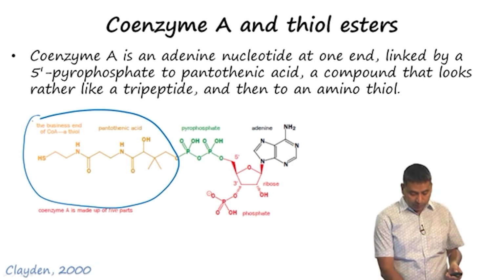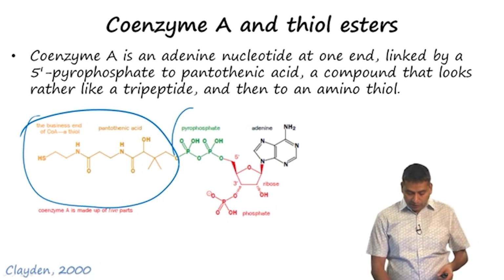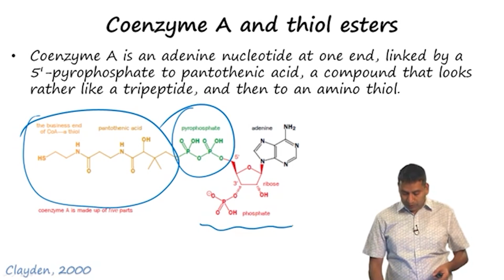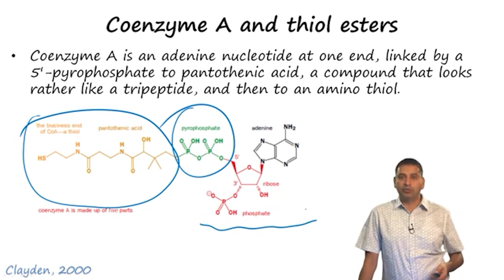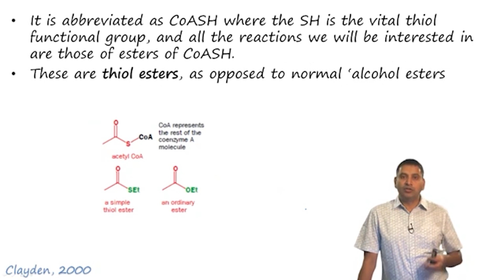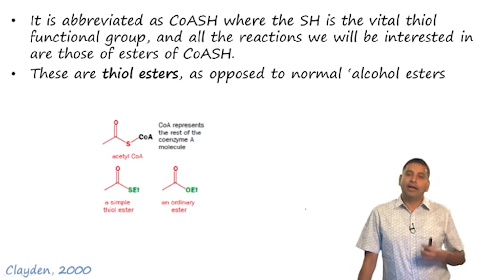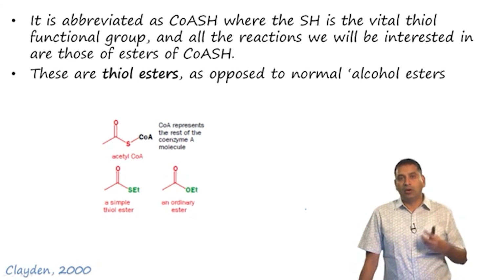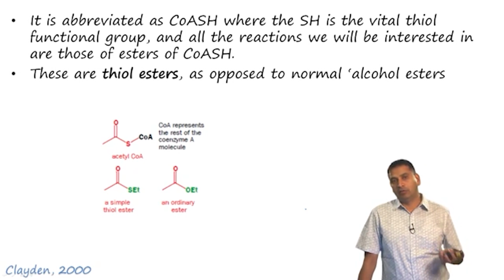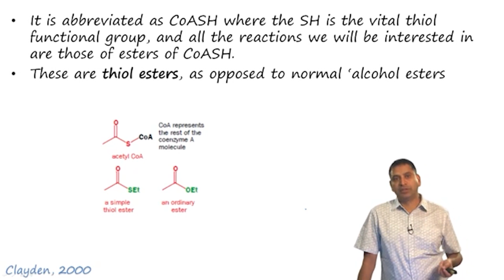So, here is the tripeptide, which is pantothenic acid, here is the pyrophosphate group, and here is the nucleobase and the ribose. Okay. So, this molecule is abbreviated as CoA-SH or CoA thiol, and this SH is the vital thiol functional group.